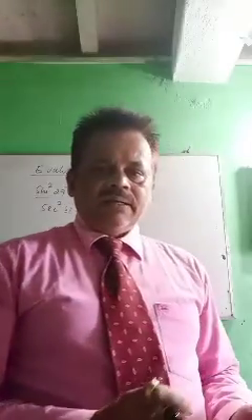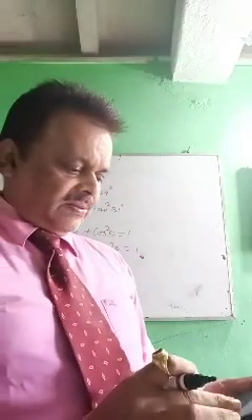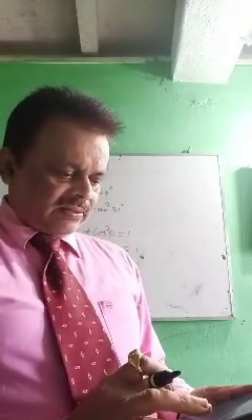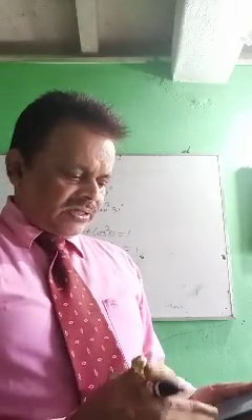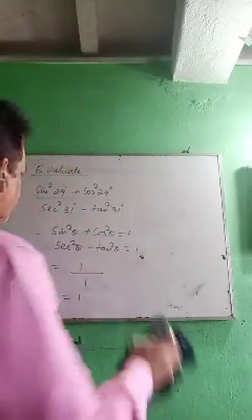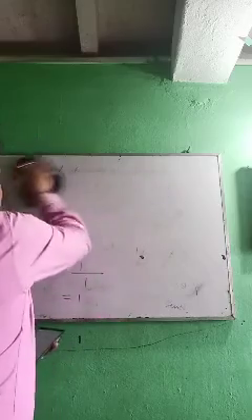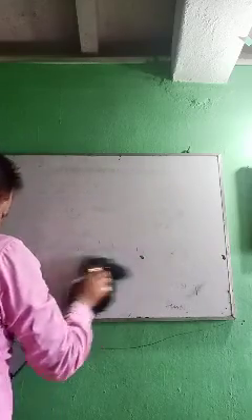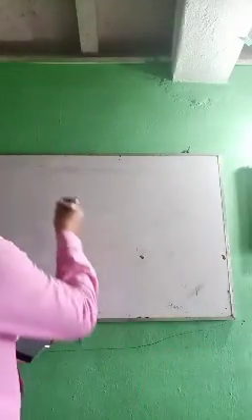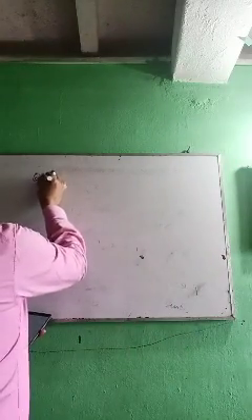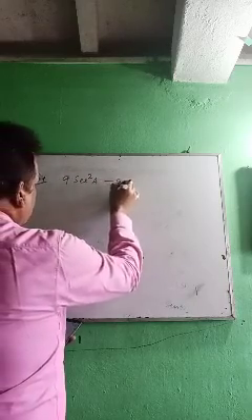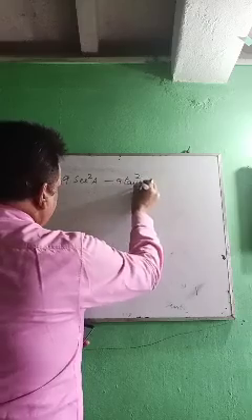Okay, complementary angle is not in the syllabus. So the first two questions are on complementary angles. So we'll start with question number 4. What is the value of 9 sec square A minus 9 tan square A?